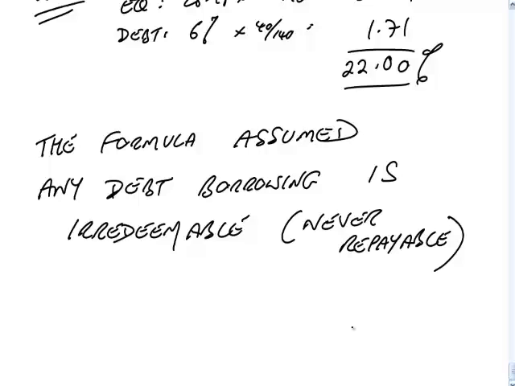And we can say, well, it's not too big a problem because you could assume that you're borrowing money, you will repay. But if you assume that, if you're repaying in 5 years, you borrow more money to repay the existing, then in a sense, you can make it irredeemable. You with me?